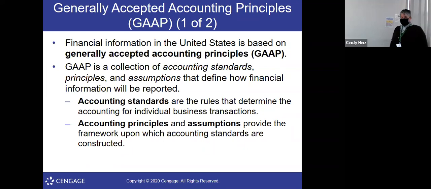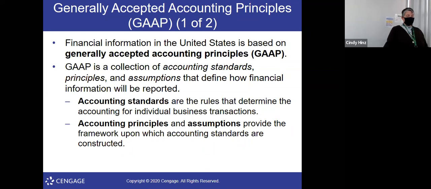So what are we learning this semester? Well, what we are learning, as you know, is the rules or principles that guide the financial statements for a publicly traded company. And what you see at the top of the screen right now is what those are called, GAAP, Generally Accepted Accounting Principles. These are the principles for publicly traded companies in the United States.